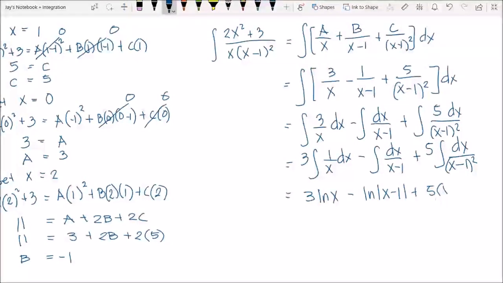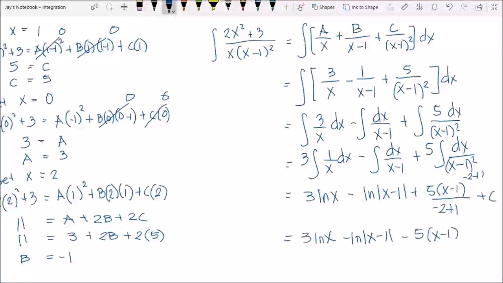That is x minus 1 raised to negative 2, since you take the denominator up to the numerator, so you have a negative sign, so plus 1 over negative 2 plus 1, then you have plus c. Okay, that is equivalent to 3 natural logarithm of x, minus the natural logarithm of x minus 1, then we have negative 5 times x minus 1 raised to negative 1 plus c.